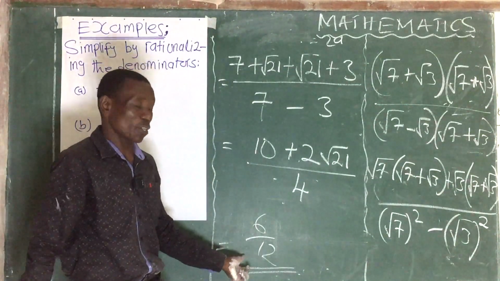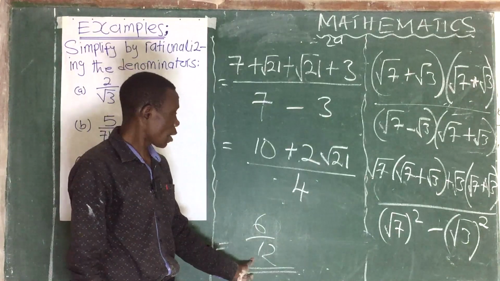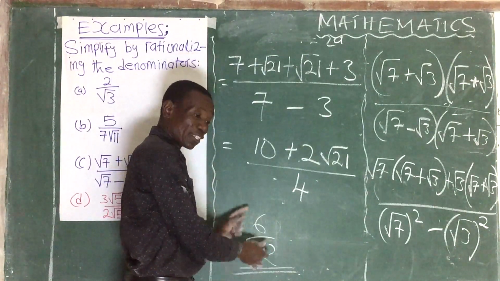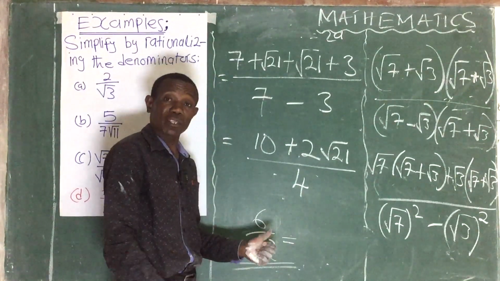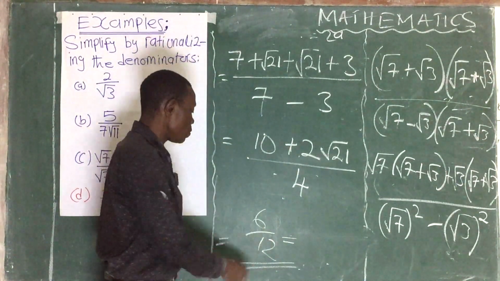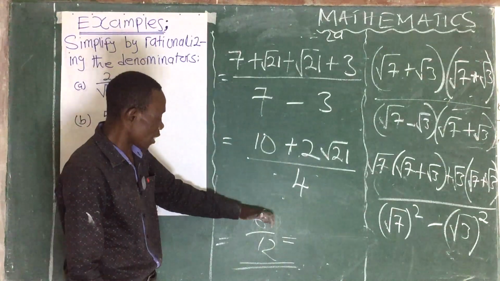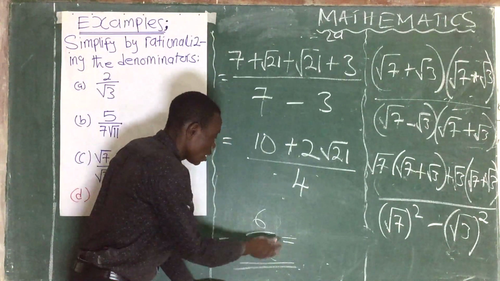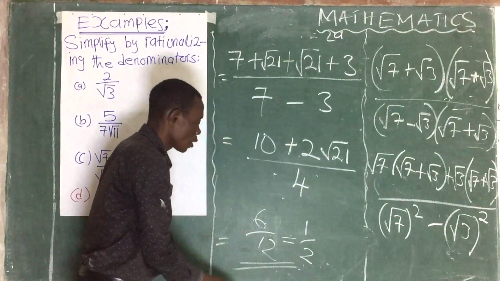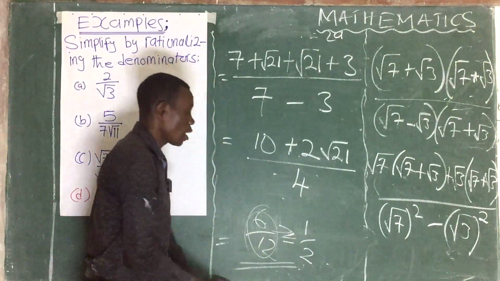You cannot conclude that this is your final answer. If there's a common factor in the numerator and denominator, you are always able to simplify it. So here you divide by the common factor of 6 and 12. 6 here is 1, 6 here is 2. So this is simplified into a half.